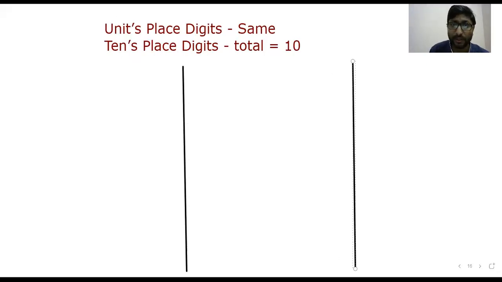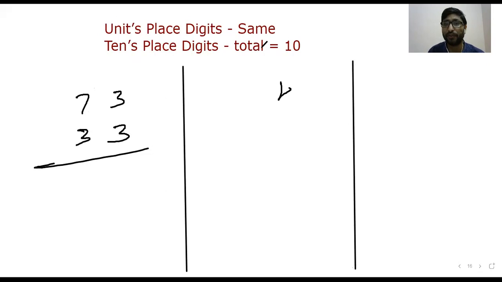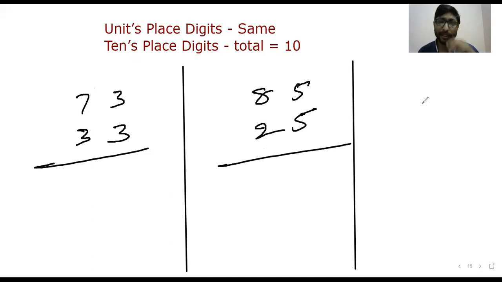Okay, look at here now. 3 3, 7 3, 4. Let's go for 5 5. I'll write 8 2. Let's go for 9 9.